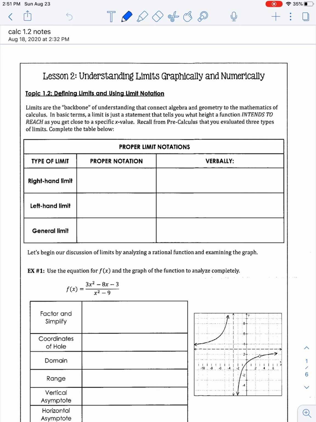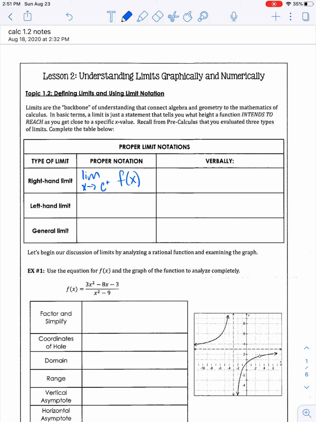So a right-hand limit, the proper notation is the limit as x approaches some number, we're going to just let it be c, from the right, so we put that little plus sign, of the function f of x.